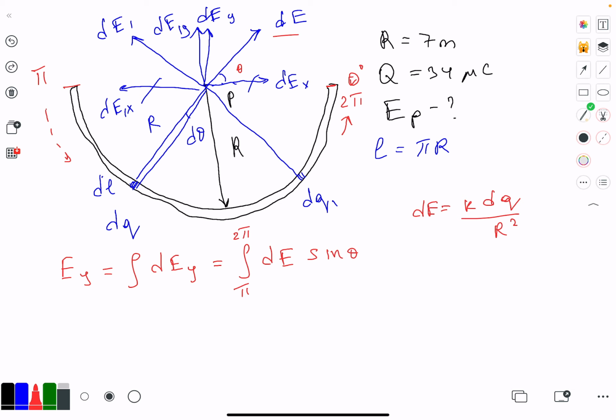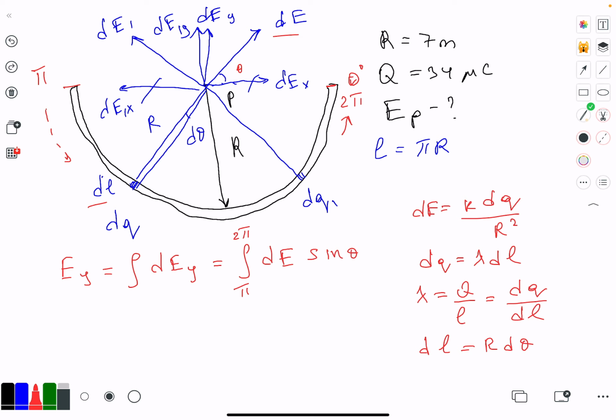Then dq is equal to lambda multiplied by dl, where lambda is equal to total Q divided by L, or dq divided by dl. What about dl? dl, which is very small, is equal to r d theta.